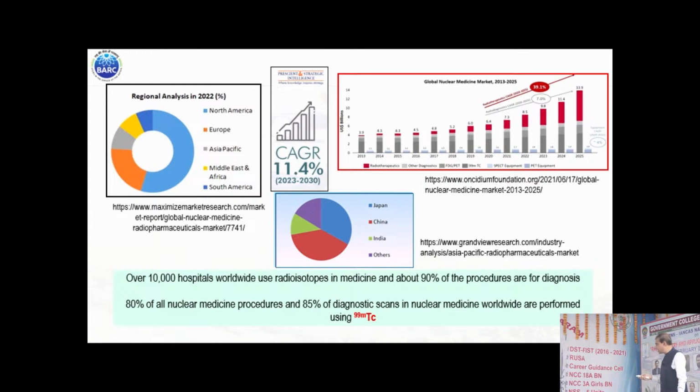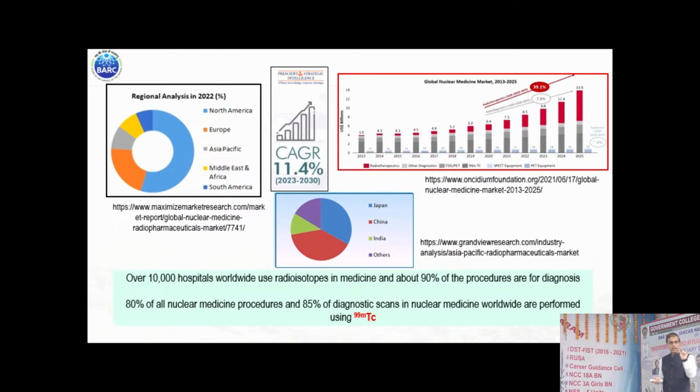At this moment there are around 10,000 hospitals in the world that use nuclear medicine, and 90% of the procedures are for diagnosis, only a minuscule 10% is for treatment. Out of this 90%, 80% of nuclear medicine procedures and 85% of diagnostic scans are based on only one isotope, that is 99M technetium.